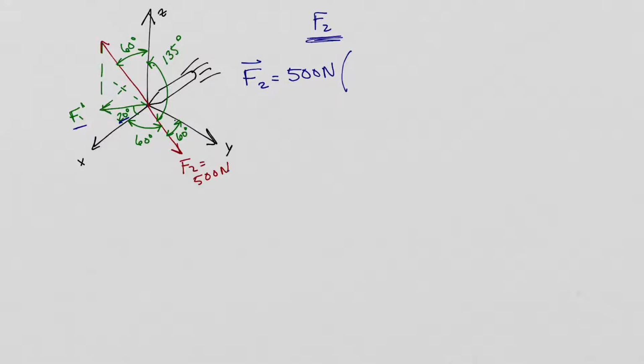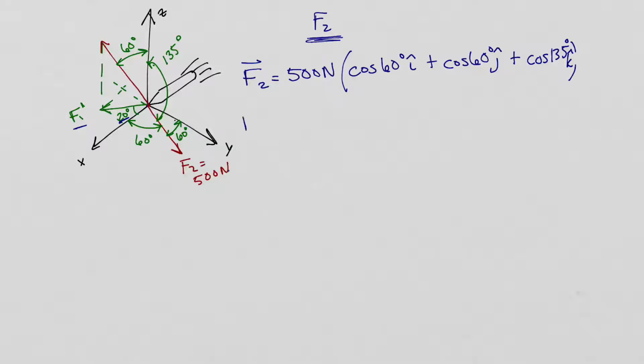And so the X component is just going to be that 500 newtons times the cosine of that alpha, which is the angle between the force and the x-axis, which is 60 degrees, I, plus the cosine of that beta, which is the angle between the 500 newton force and the y-axis, so cosine of 60 degrees J, plus still 500 newtons times the cosine 135 degrees K, because the 135 degrees is that gamma.